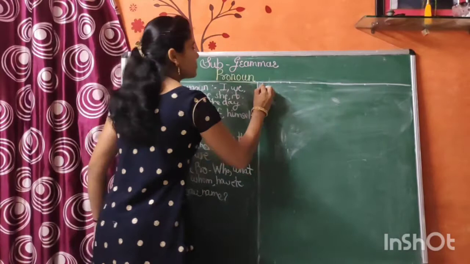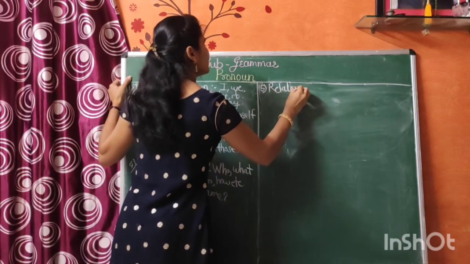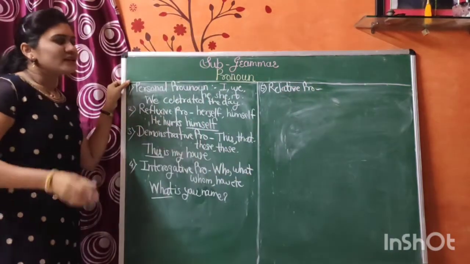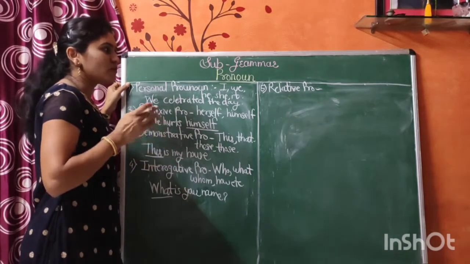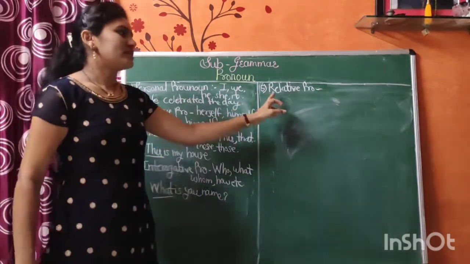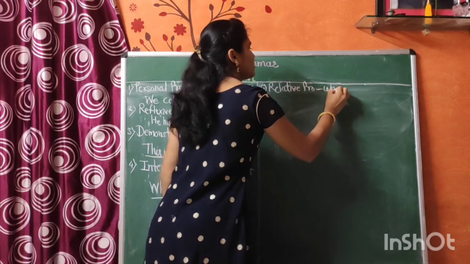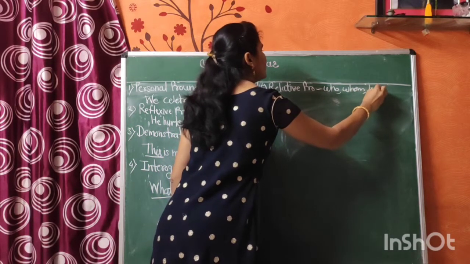The fifth type of pronoun is relative pronoun. These are the words which join 2 sentences, means the pronouns which are used to join 2 sentences together. For example, who, whom, what.